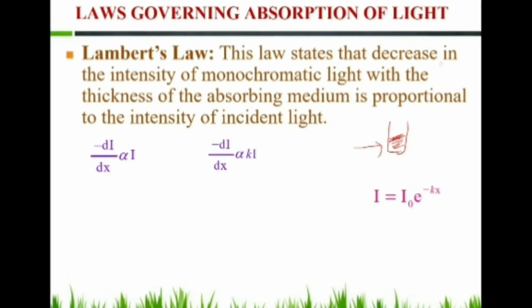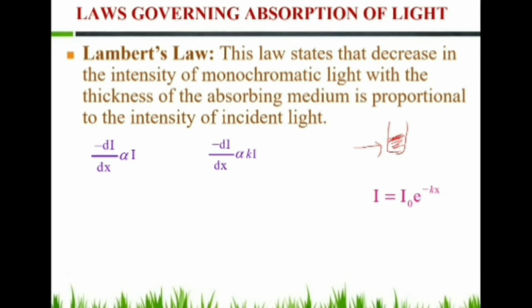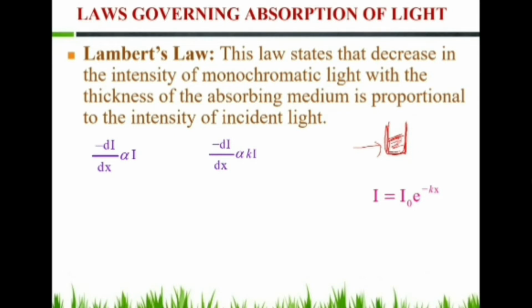This law states that the decrease in intensity of monochromatic light, and to avoid confusion we have taken light having identical frequency, so we call it monochromatic light, with the thickness of the absorbing medium, is proportional to the intensity of incident light.